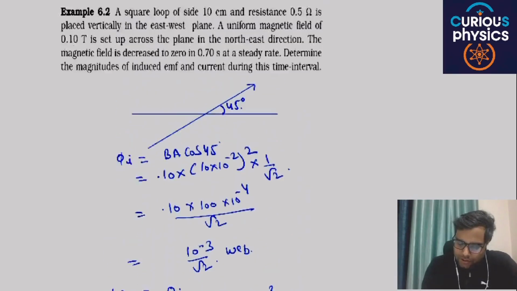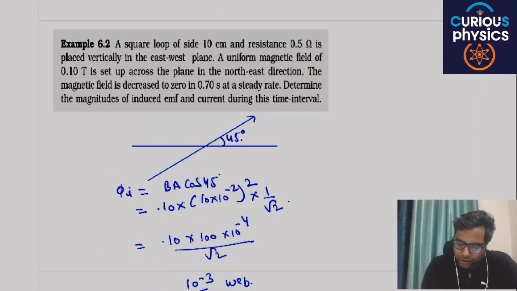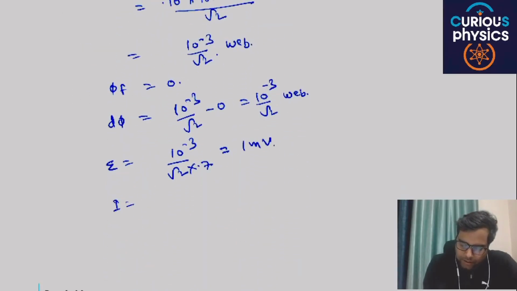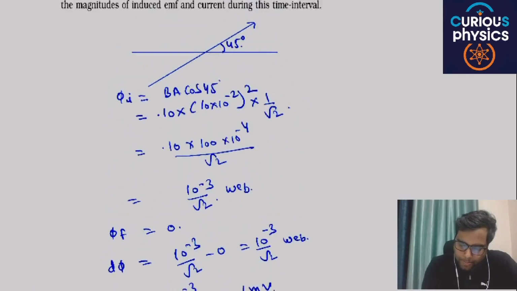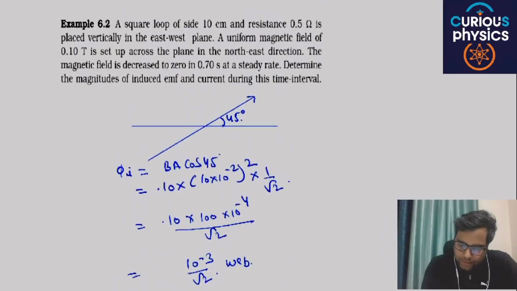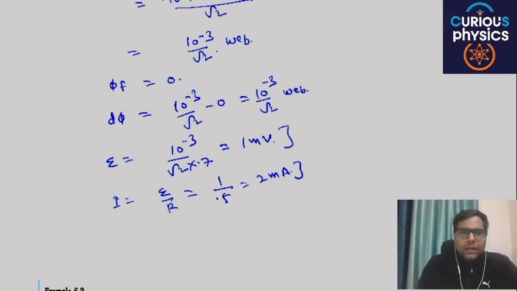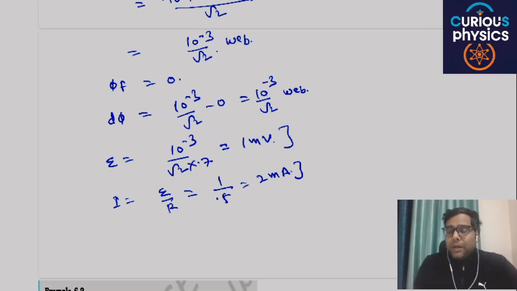And next is, find the magnitude of induced EMF and the current, and the current will be E by R. So 1 divided by 0.5, the resistance is 0.5, then you will get 2 milliampere. Here the focus is on the change in magnetic flux.